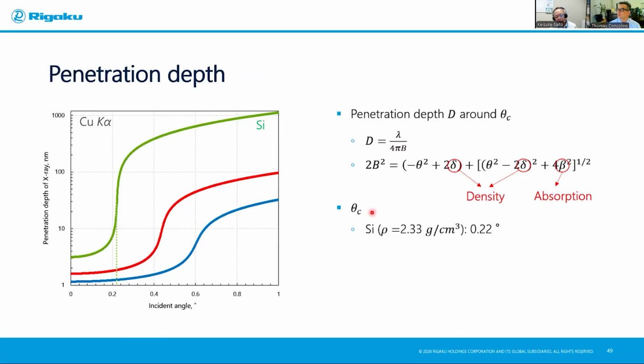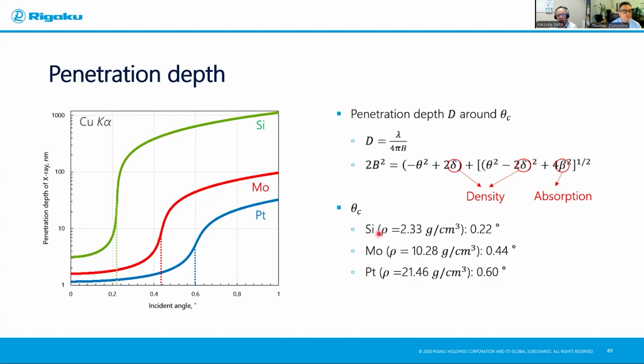If I calculate this for silicon, which is the green profile here, first of all, theta c was calculated as 0.22. So this is a 0.22 degree critical angle. What about the red, which is for molybdenum? Density is higher than silicon, which is 10.3. Platinum is even higher, almost 21.5.